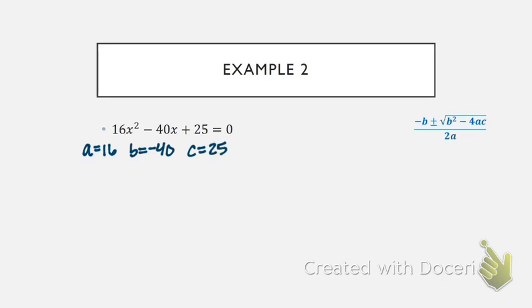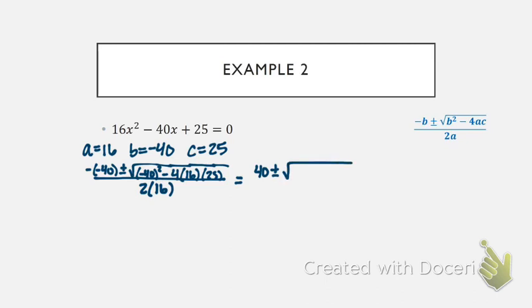So we have negative b, so we have negative 40 plus or minus the square root of b squared minus 4ac divided by 2a. And we have negative 40. So that's just 40 plus or minus the square root. Negative 40 squared is 1600.